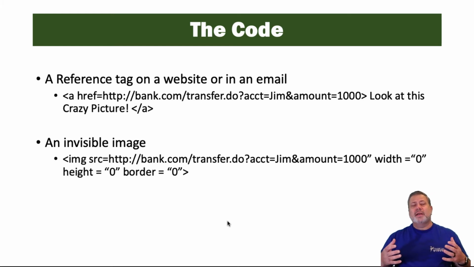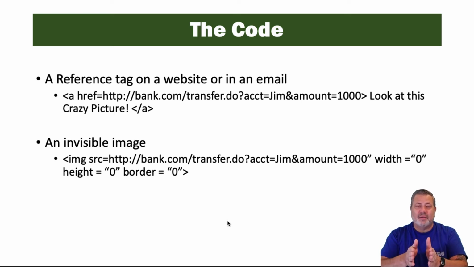So what it could look like is something like this: in a piece of email, there could be an A tag or piece of markup language that's going to transfer money and the amount, and then what the hyperlink is going to look like is that piece that says, look at this crazy picture. That's the only thing that Alice is going to see, unless she hovers over it, unless she inspects the code, right?